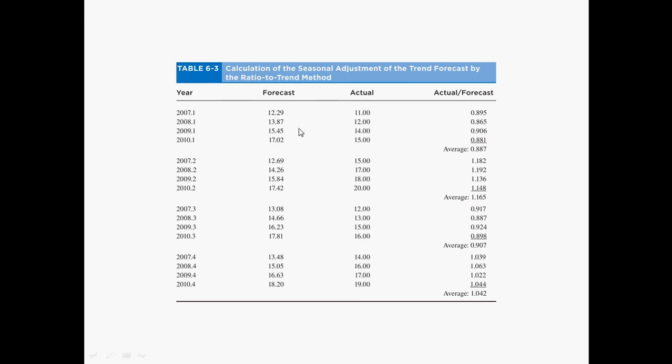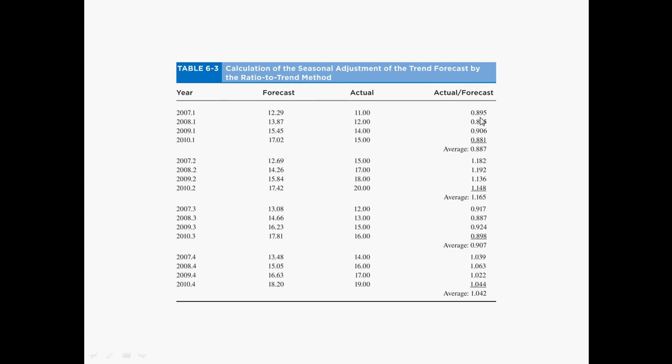Okay, in this case, we have season 1, so the first 3 months. You have the actual values for each of those years, 11, 12, 14, 15, pattern there. Then, if we look at the trend forecast, that gives us these values in column 2.